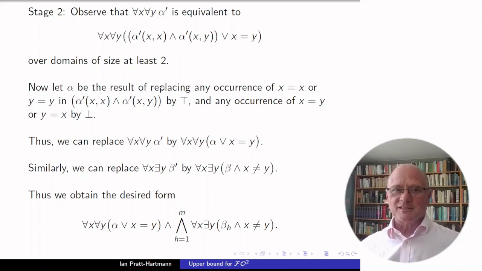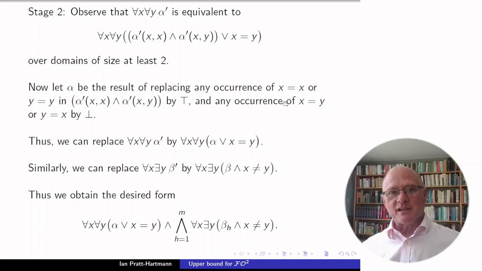And so what we can now do is let alpha be the result of replacing every occurrence of x equals x or y equals y in alpha prime x x and alpha prime x y, in other words, this formula here. We'll replace every occurrence of x equals x or of y equals y by top, because these formulas are trivial anyway, and they're clearly all true.